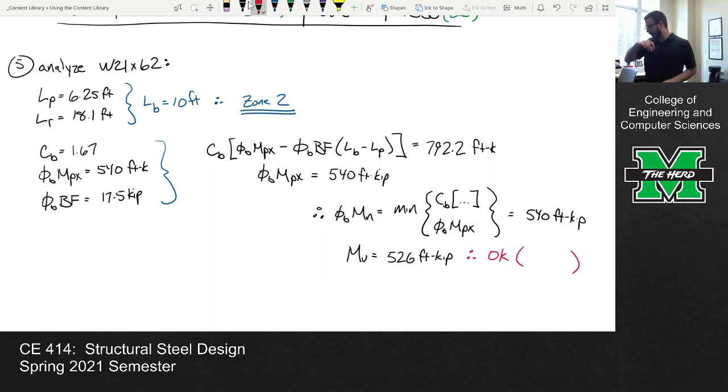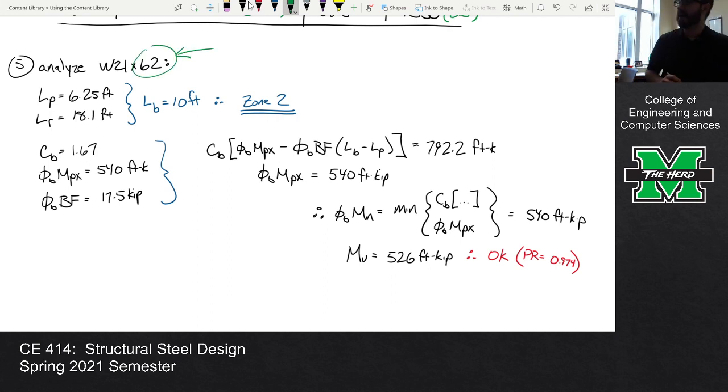And a couple other things that are worth pointing out. So number one, if you want a performance ratio, I went ahead and computed that. 0.974. So I just took MU over VPN. So that's a pretty efficient design. But the other thing that's worth pointing out that we kind of glossed over is this number right there.